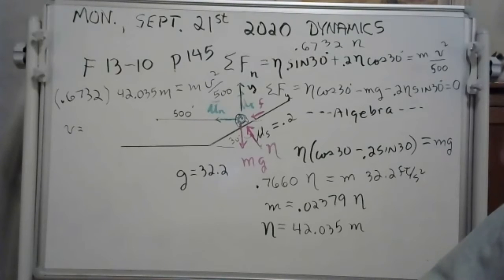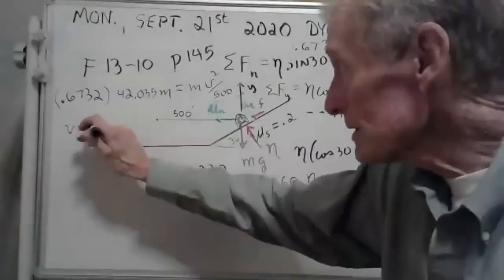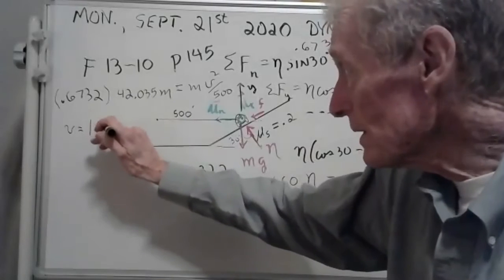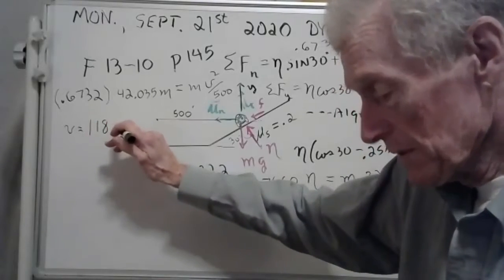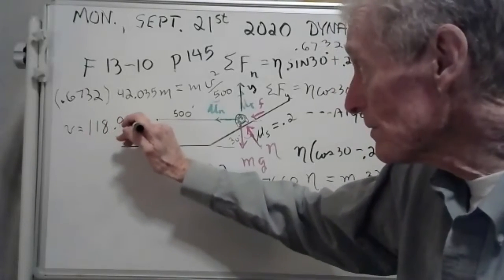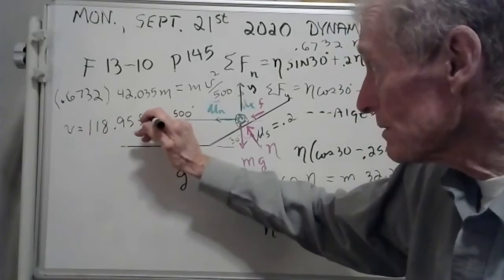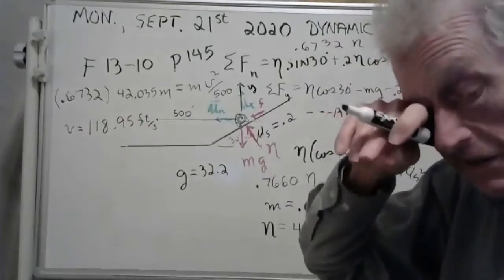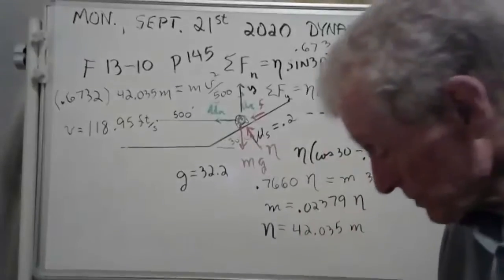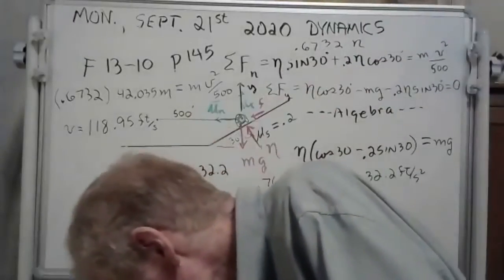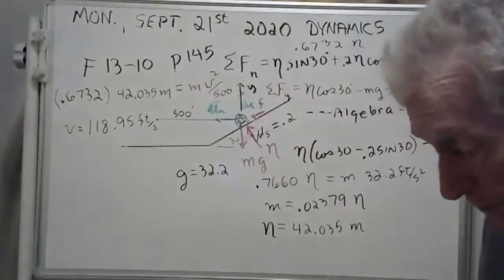Did you get 118.95? Yes, I did. 118.95 feet per second. Now let's see how we did. This was problem F1310, and I think it was tricky.